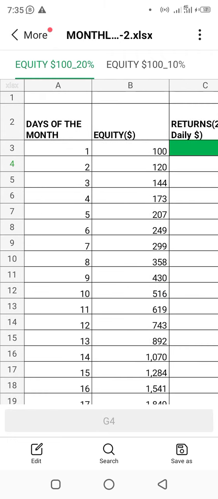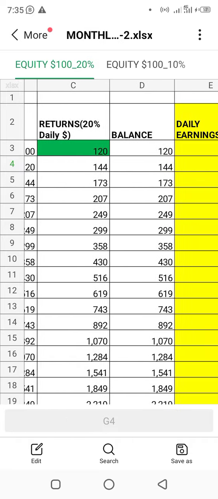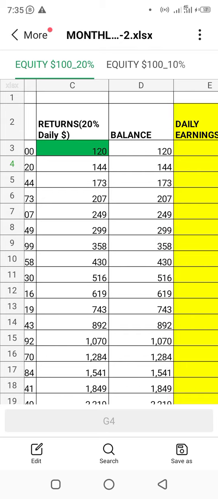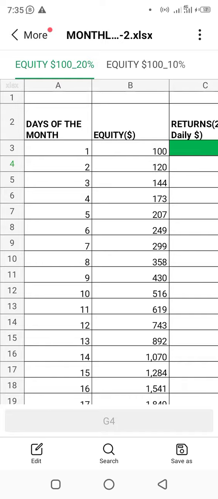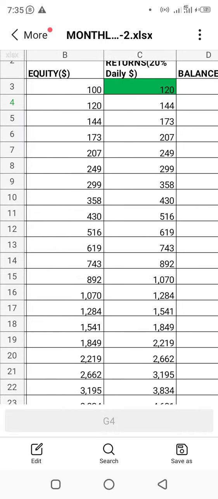Then day 4 with your 173 is the same thing. You make sure your equity increases 20% every day. We are making 20% per day of your equity. That means on day 4, you are making $35. So until we get to day 10.